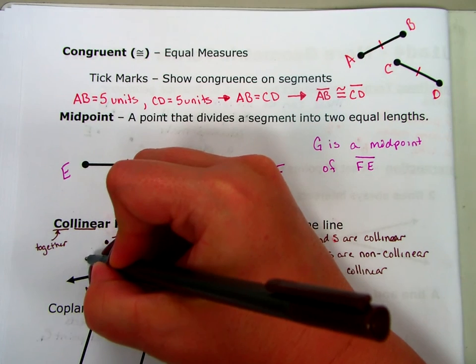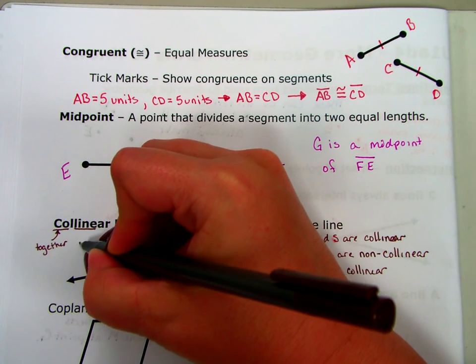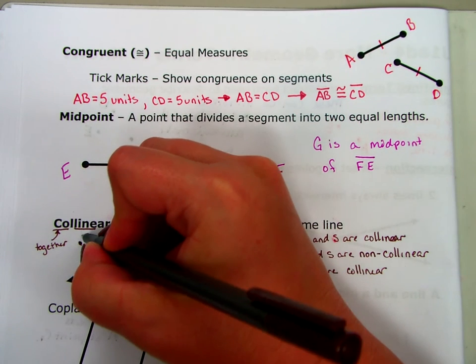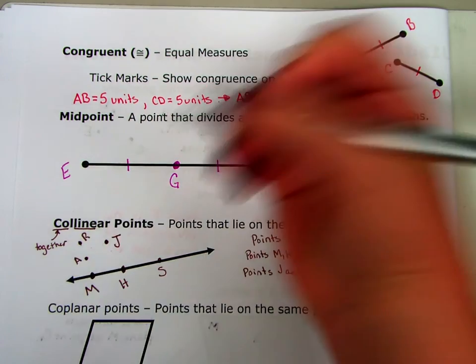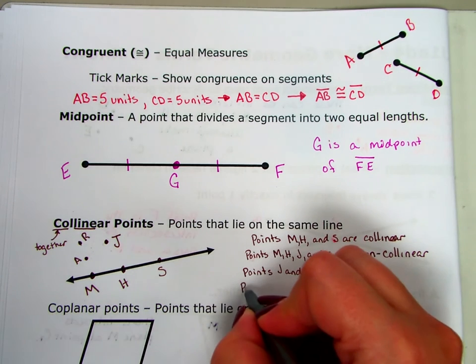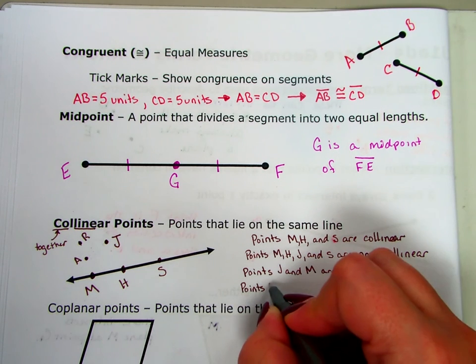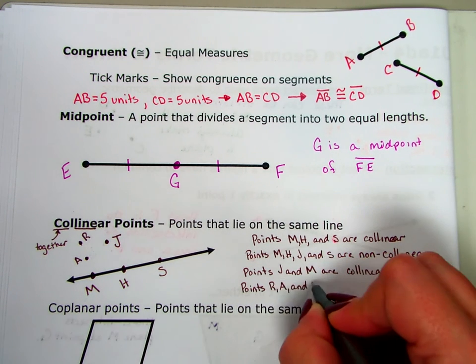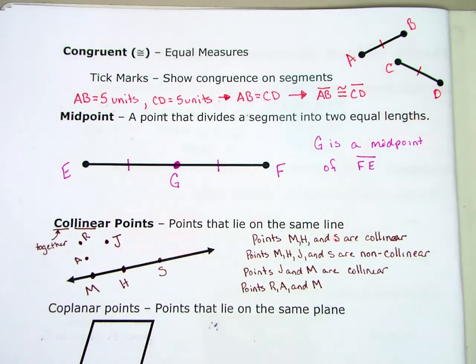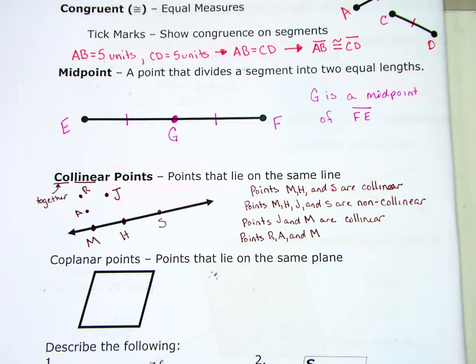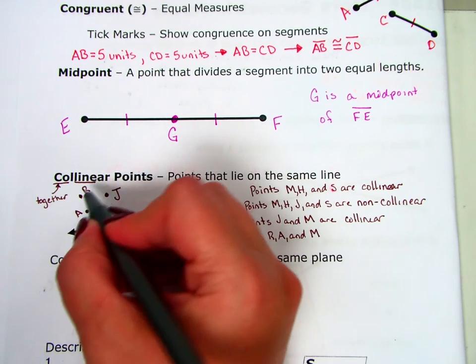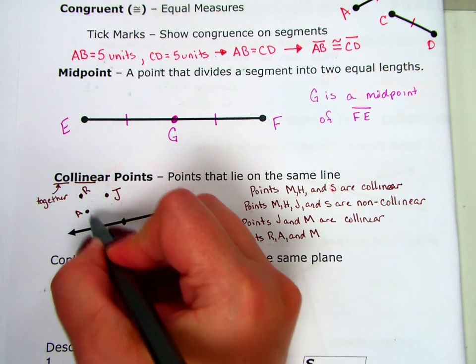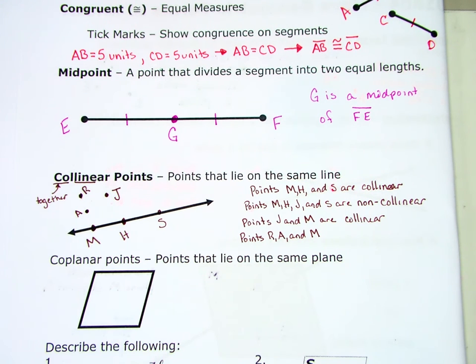What about points R, A, and M? Here, here, and here.